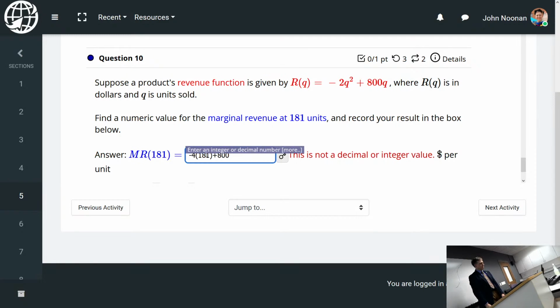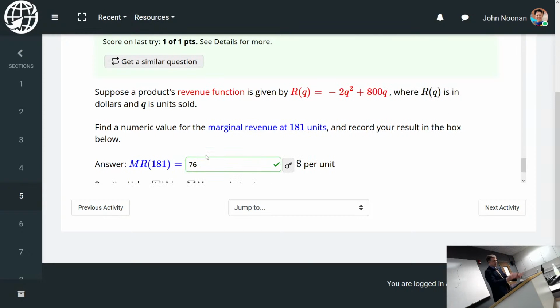That's sad. What's that going to be? 4 times 8, 32, 320, 724. So 724 subtract from 800 makes 76. Let's check it out. See if my mental arithmetic is correct. 76. Done.